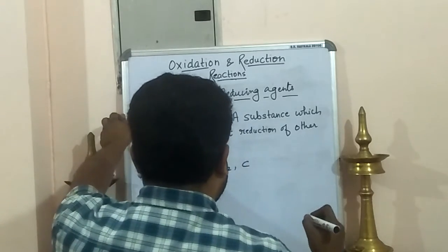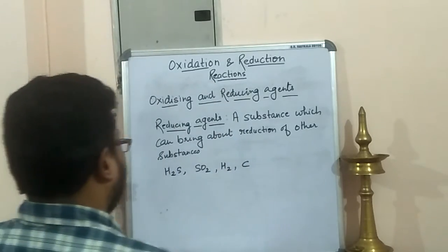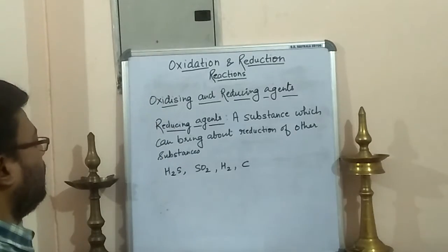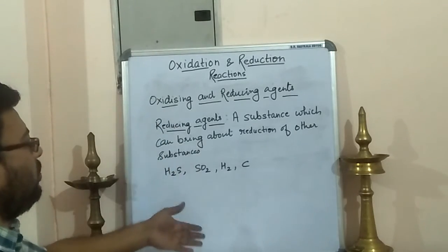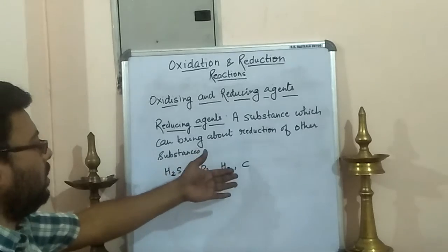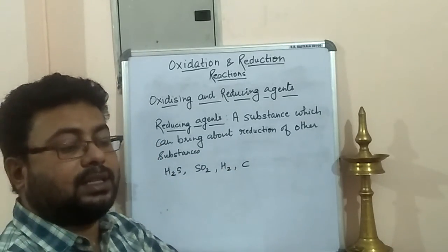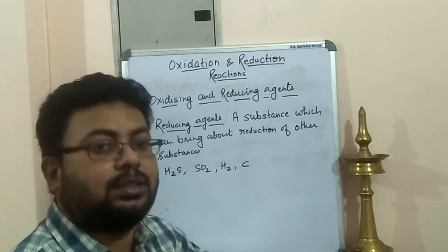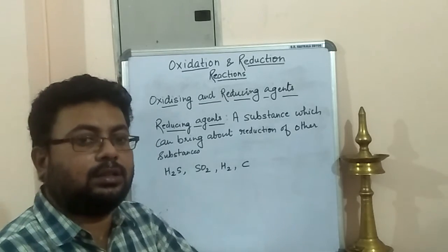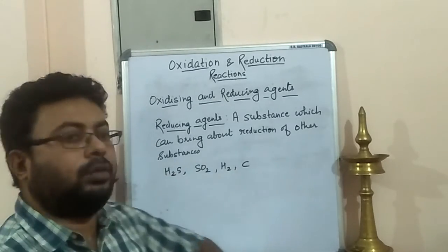So all these are basically the reducing agents. Hydrogen sulfide, sulfur dioxide, hydrogen, carbon. This coke is extensively used in metallurgy as a reducing agent. So these all are the reducing agents.